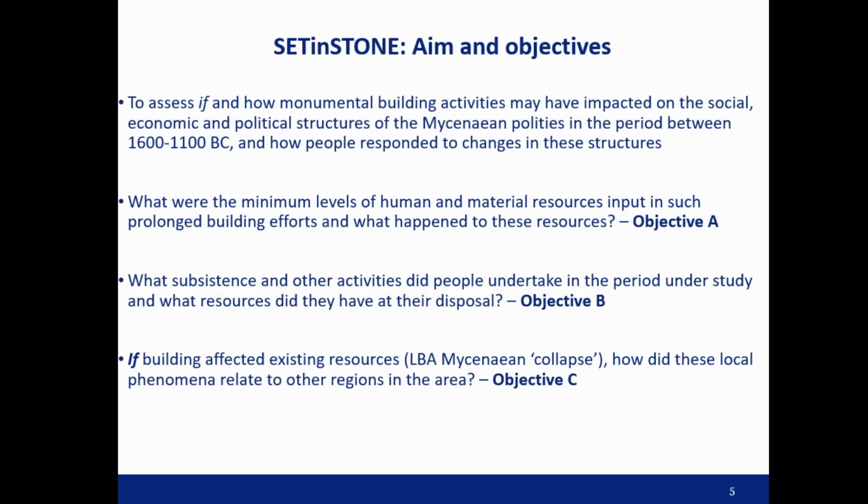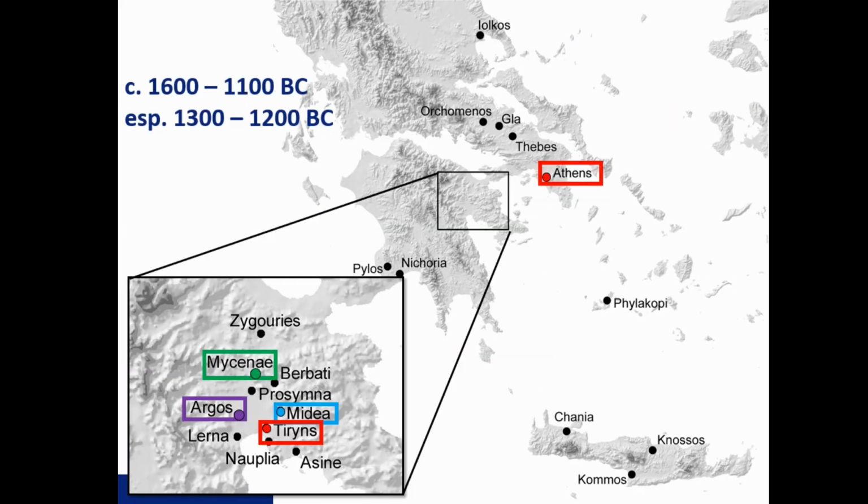And the third objective or question, let's say, was a more synthetic aspect, also dealing with the regions outside our specific area where no such building was taking place, because we're looking at a period of time around 1200 BC where there is the so-called collapse of the Mycenaean society, or let's say crisis, and how that was linked to places where building was not taking place to such an extent.